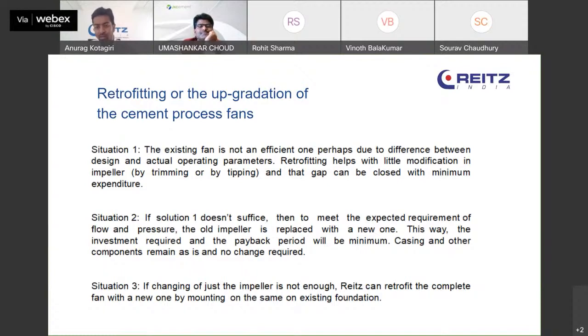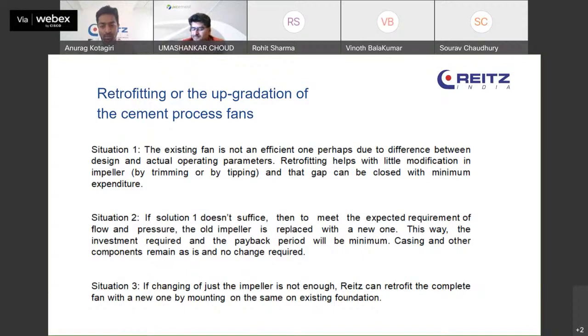The first one is, there is an existing impeller. We either do the trimming of the impeller, or we do the tipping of the blades. We add a little more to the blades, and we try to give you a better efficiency and try to do some power saving.